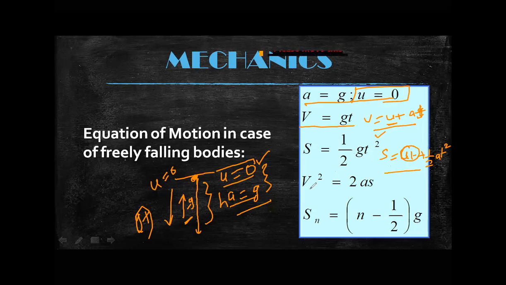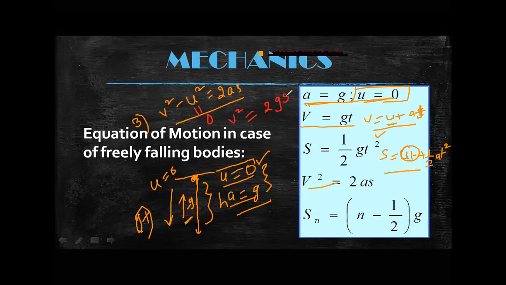Coming to the third equation, v square minus u square is equal to 2as. Here we put the conditions a is equal to g, u is equal to 0. When I substitute u is equal to 0, this term is going to be 0. So we are left with v square is equal to 2gs.